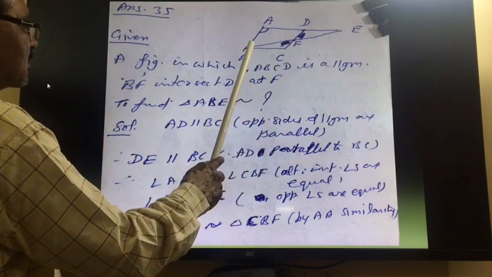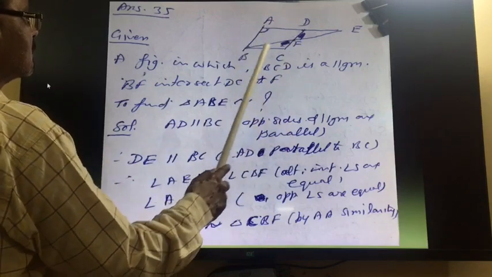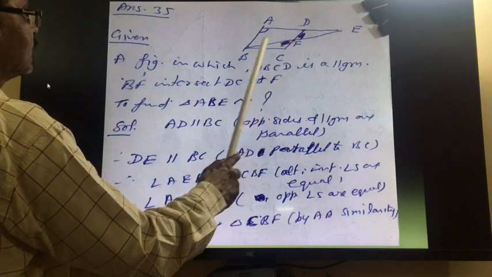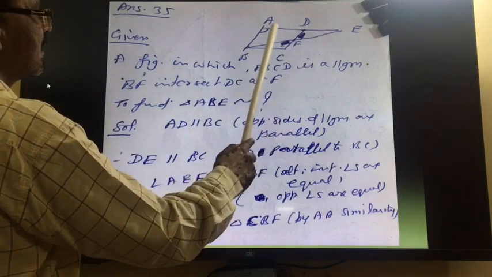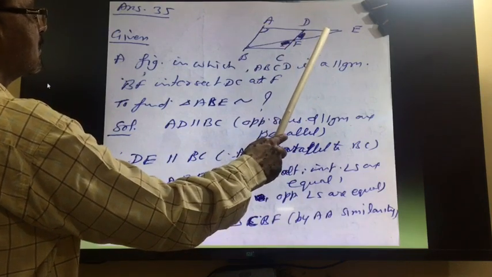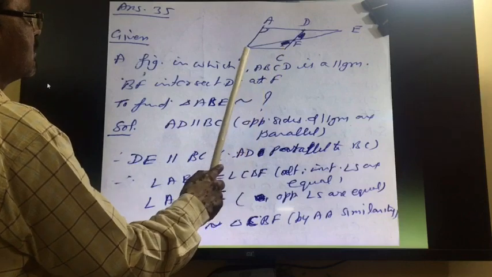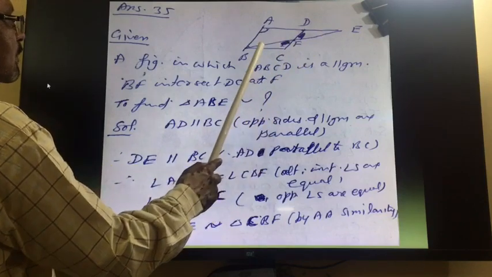In these two triangles, triangle AEB and triangle BCF, angle at E, that is AEB or AEF, and this angle, angle CBF, these two angles are alternate interior angles, so these two are equal.